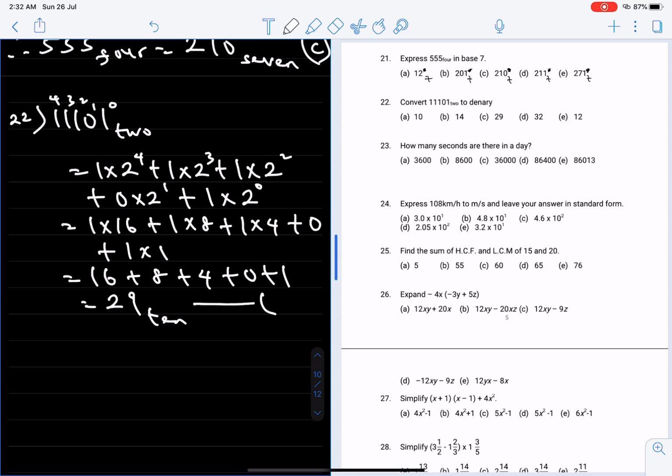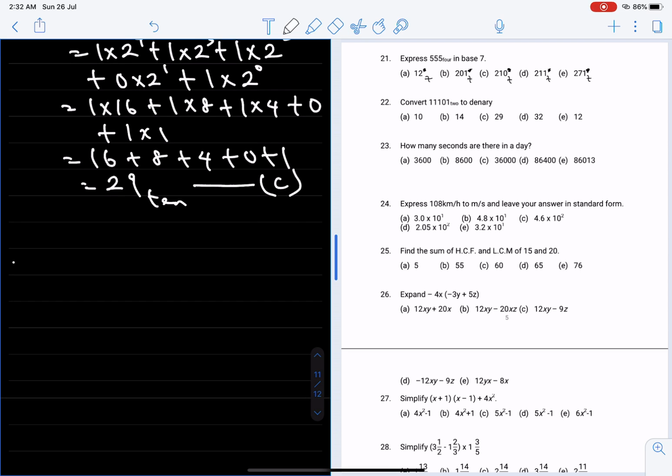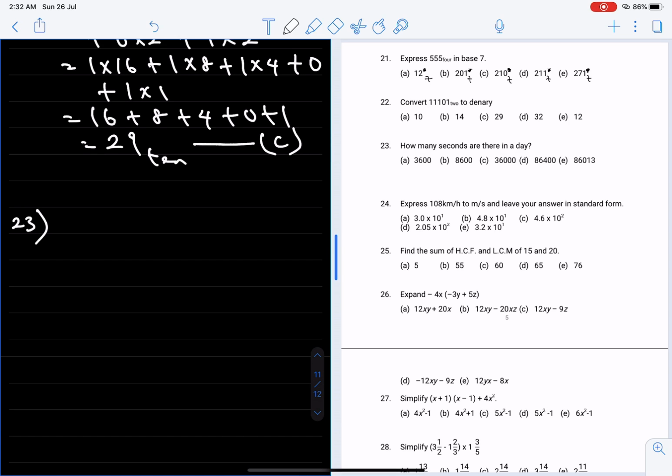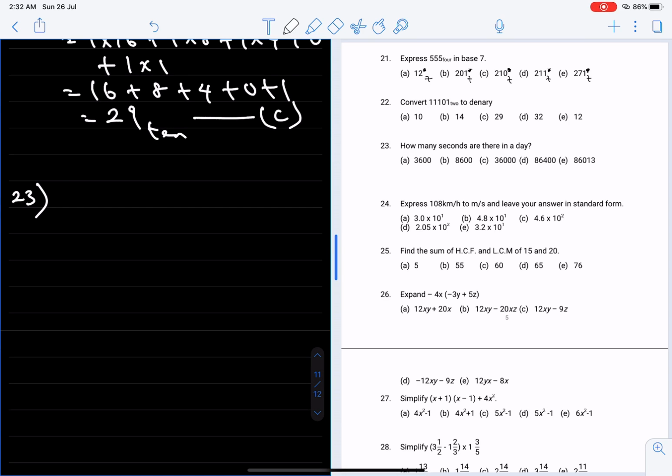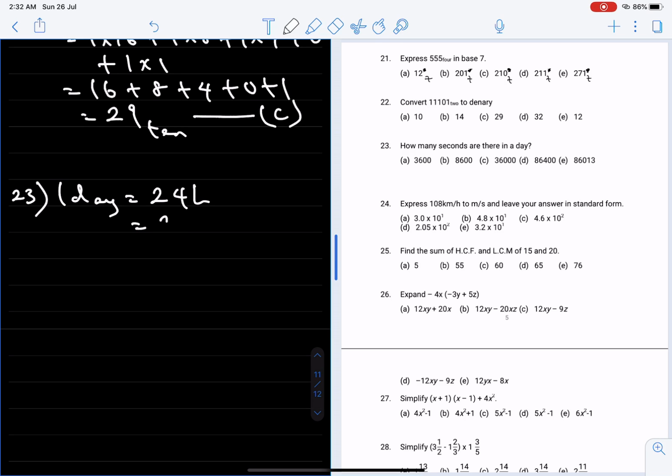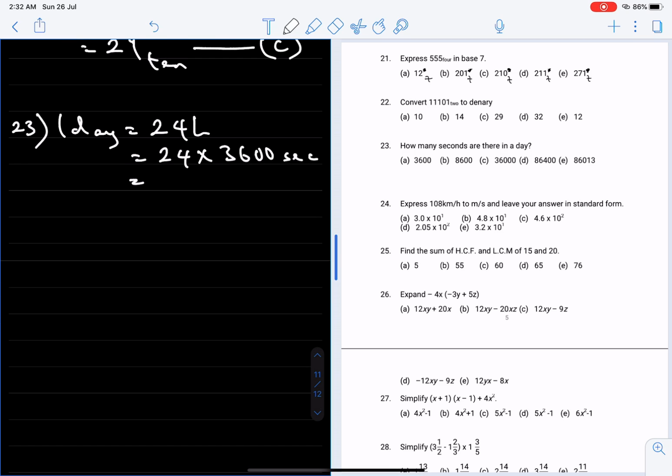And the correct option is C. Now we'll move on. Number 23. How many seconds are there in a day? One day is 24 hours. And that's the same as 24 times 3,600 seconds, because there are 3,600 seconds in an hour.